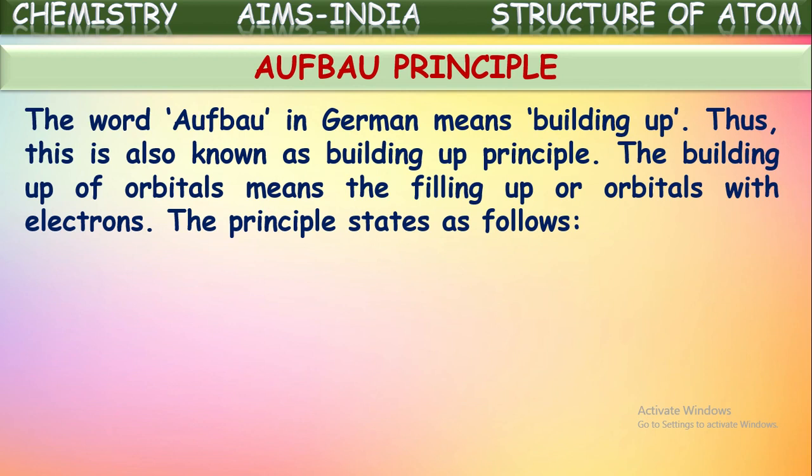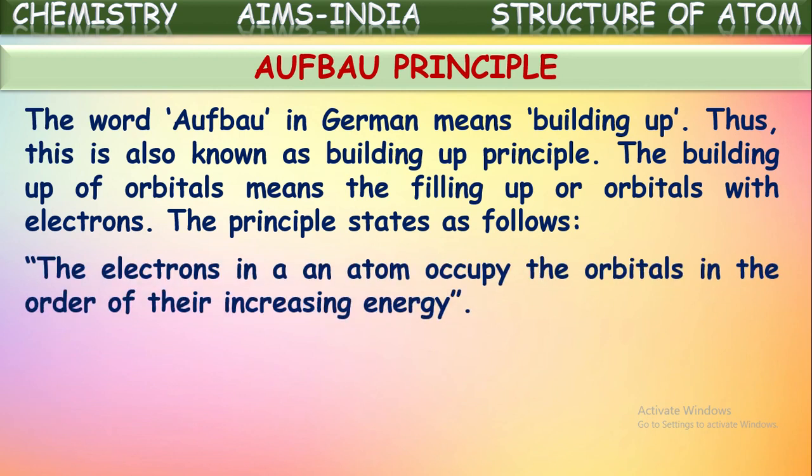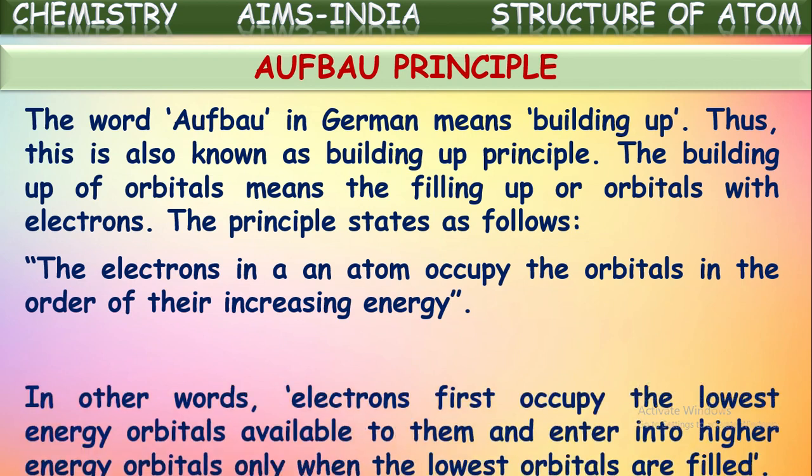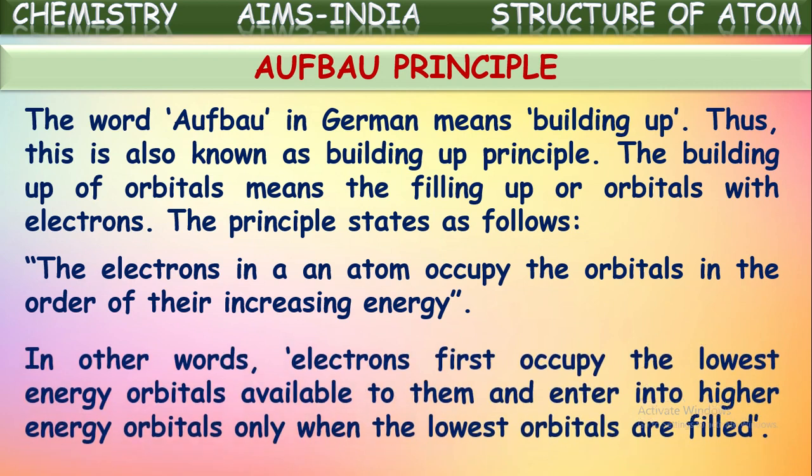This principle states that the electrons in an atom occupy the orbitals in the order of their increasing energy. In other words, electrons first occupy the lowest energy orbitals available to them and enter into higher energy orbitals only when the lowest orbitals are completely filled with electrons. This is given by Aufbau principle.